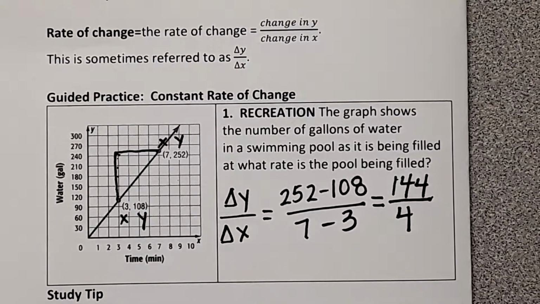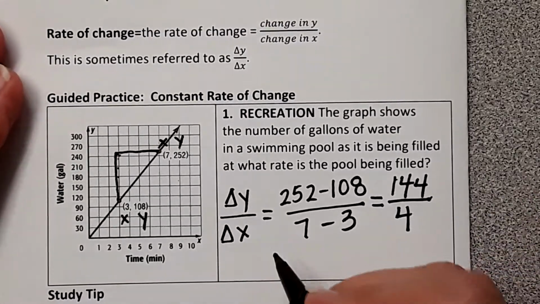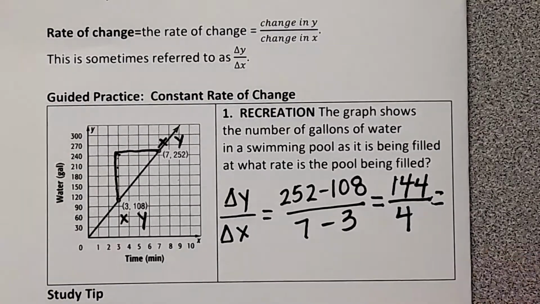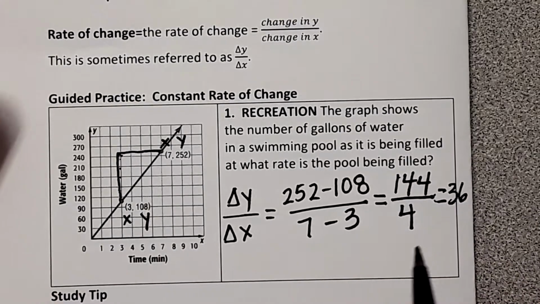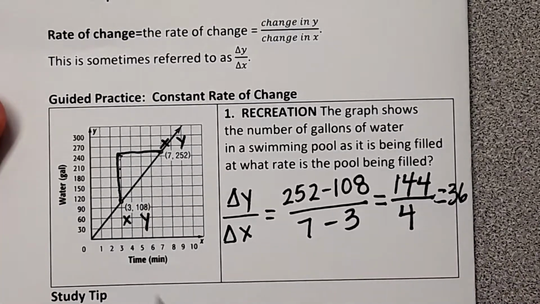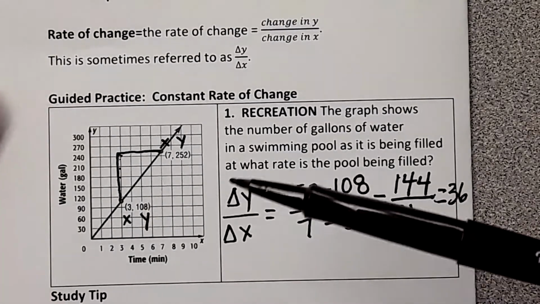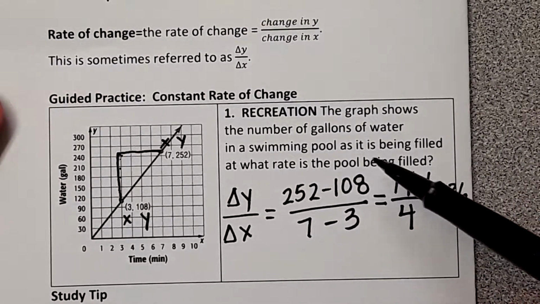Now, because we're talking about the rate of change, we really are going to have to reduce this. So does 4 go into 144? So 144 over 4 is 36. How we would say that is, what rate is the pool being filled?